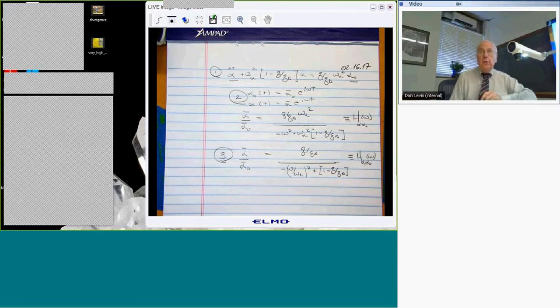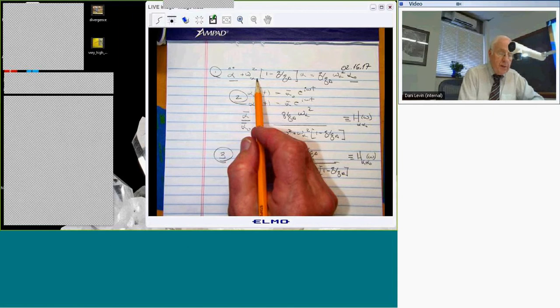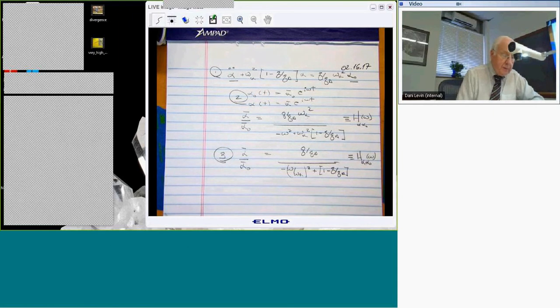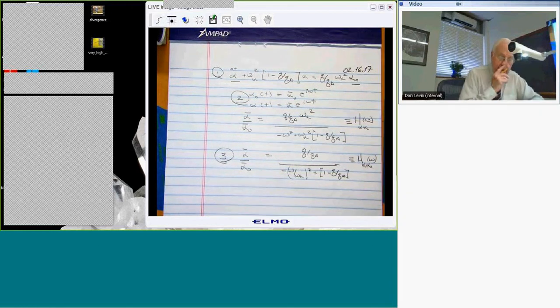And by the way, if we wanted to add damping in our model, we could do that, right? We could add damping up here. We could add damping down there. In fact, we may want to do that a little bit later on, but for the moment, that's not essential for what we're about to do.